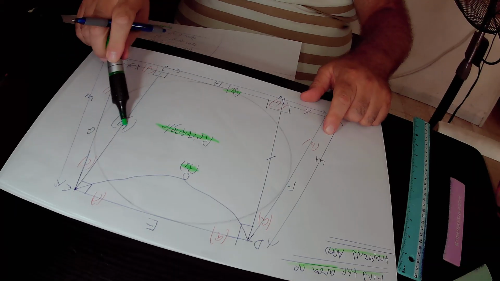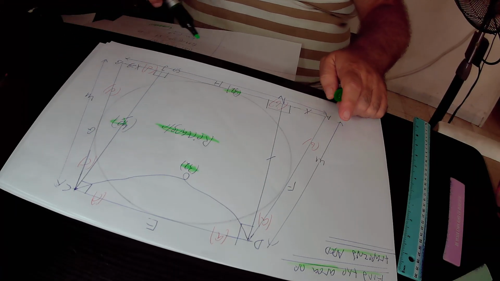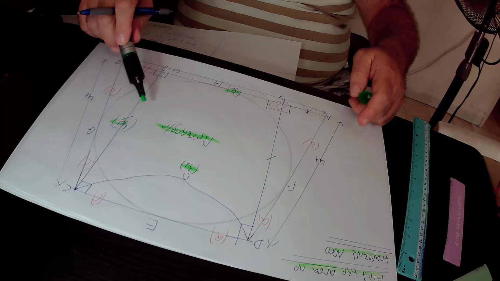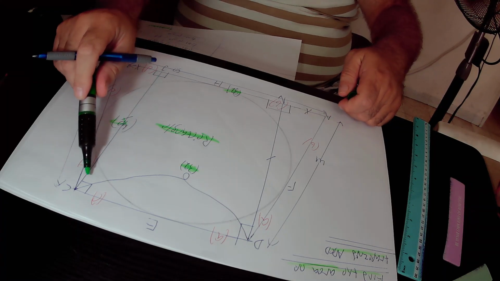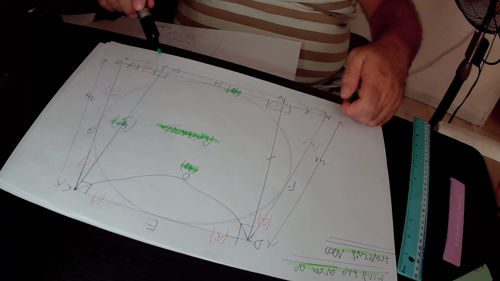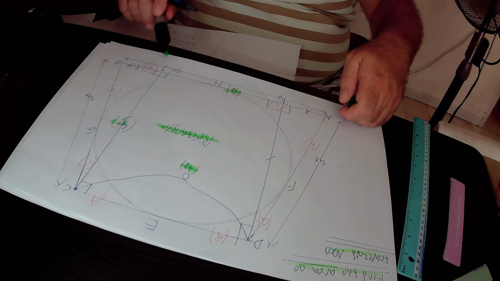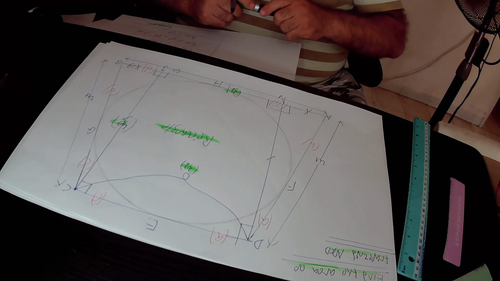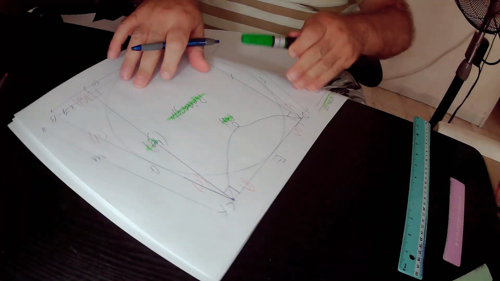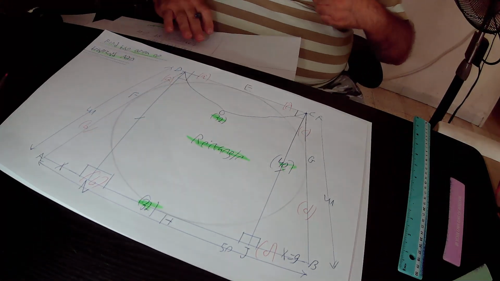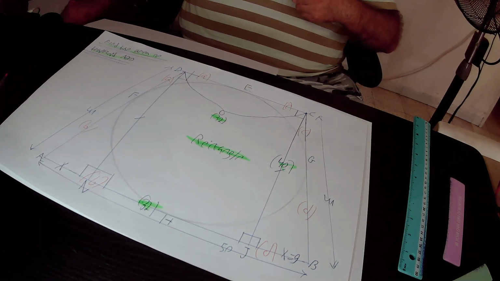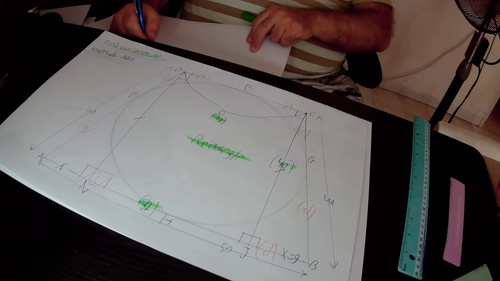CJ is the height of trapezoid ABCD. Why is CJ the height? Because it creates 90 degrees with the base DC and with the base AB. Our task is to find out the area of this trapezoid ABCD. So what is the area of trapezoid ABCD?